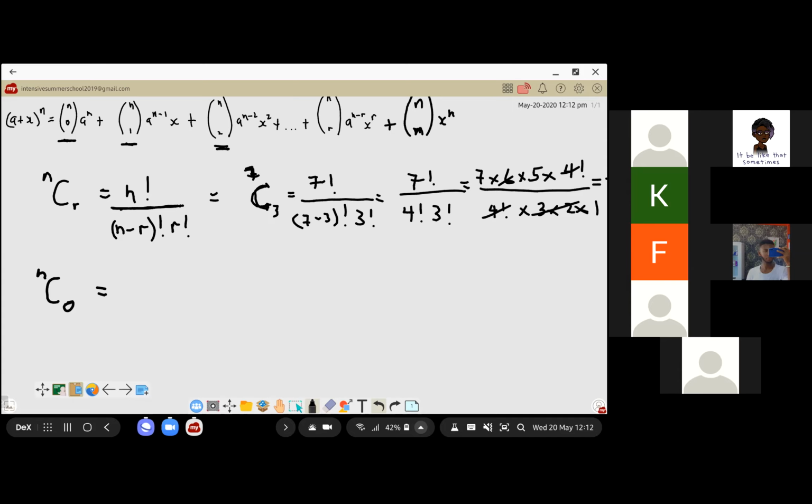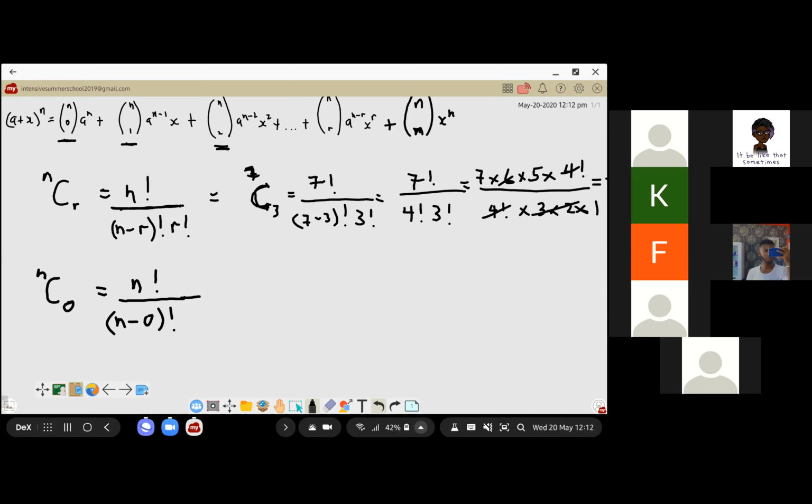So n combination 0 is going to give me what? N factorial over 0 factorial times (n minus 0) factorial.